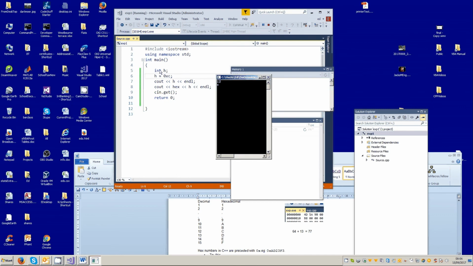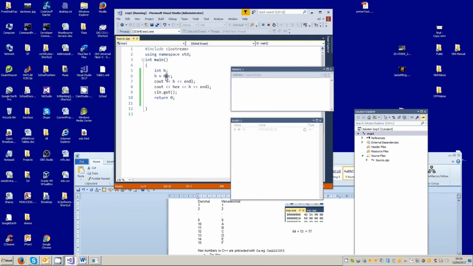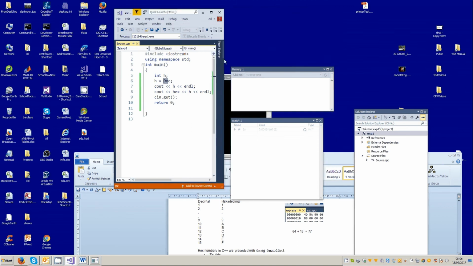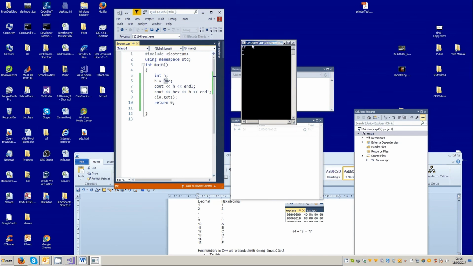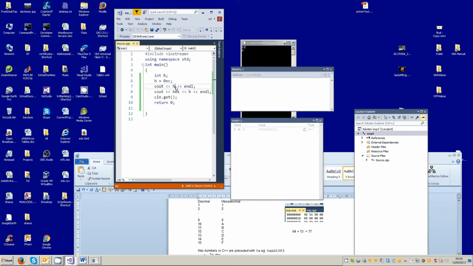Now this is the way of denoting hexadecimal, that it's denoted by the 0x in front of it in C++. And then we output the equivalent. It'll do it automatically in decimal if you do that, because it's an integer.